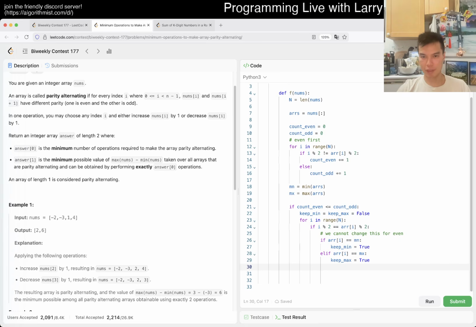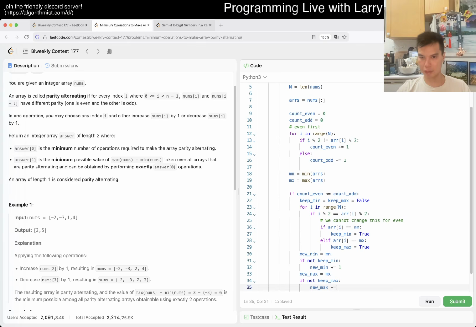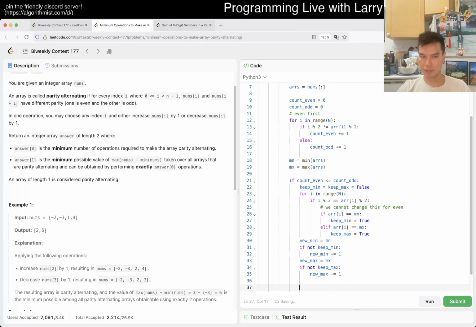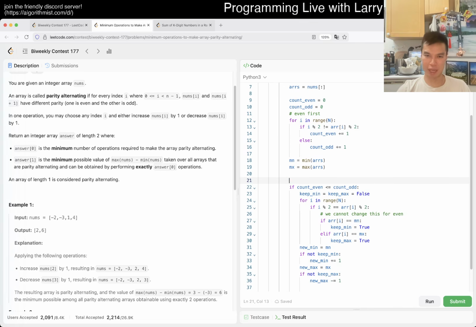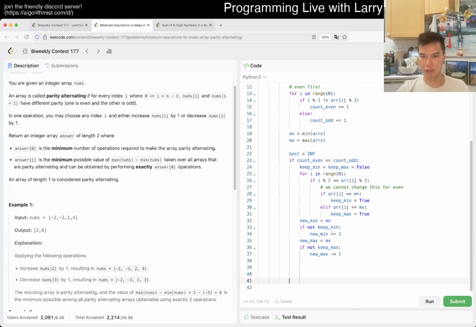This is so annoying, but okay, fine. New min is equal to if keep. So then now here we would do, and I probably should have abstracted this, but I wasn't slick enough about it earlier on. I don't know.